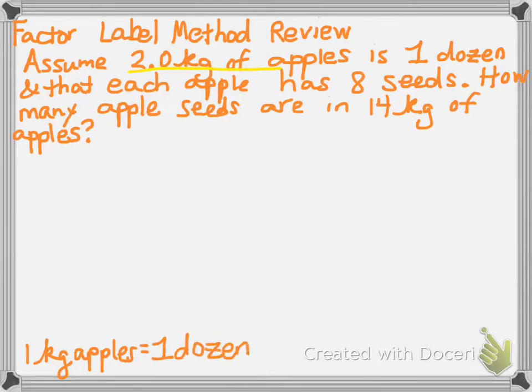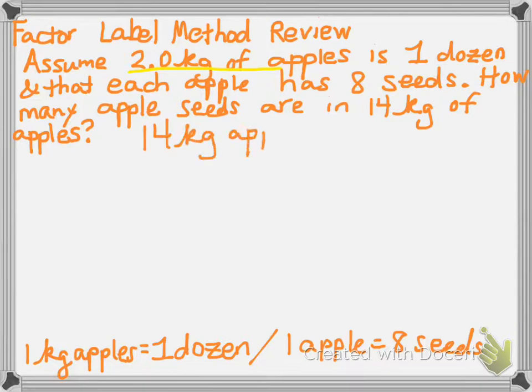Those are the same amount. And that 1 apple equals 8 seeds. So the question is, how many apple seeds are in 14 kilograms of apples? So this problem is asking us to take 14 kilograms of apples and figure out how many seeds that is.